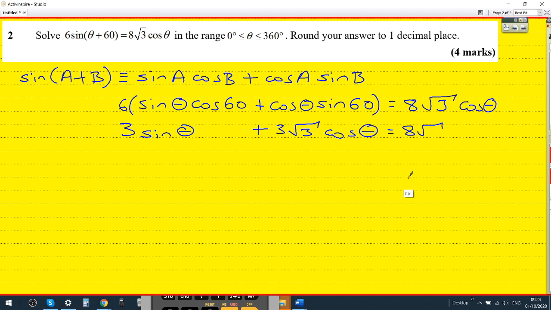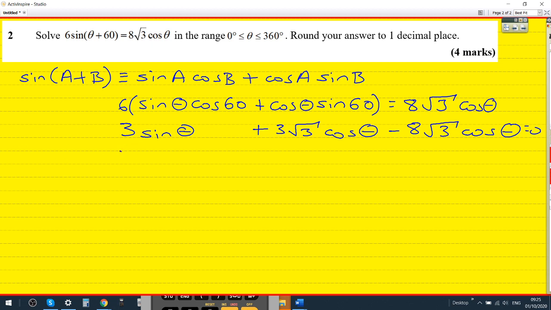Mm-hmm. And then if I minus that, it'll become 0. And so I'll get 3 sine theta minus 5 root 3 cos theta.